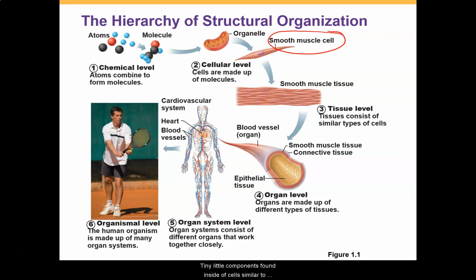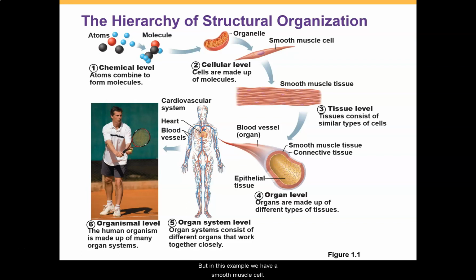Tiny little components found inside of cells, similar to organs in our body, called organelles, these too are not alive. In biological systems, the smallest unit that we consider to be alive is a cell. We will explore the concept of cells and we will talk about what they are in the next chapter.